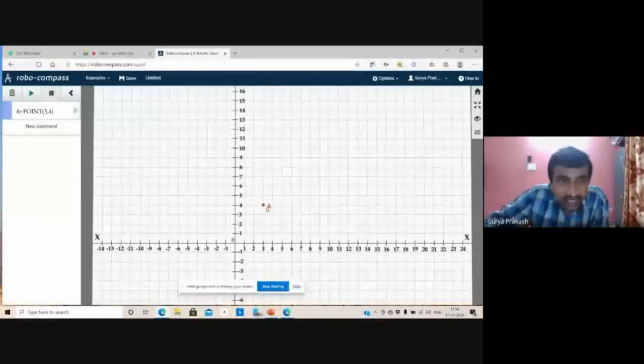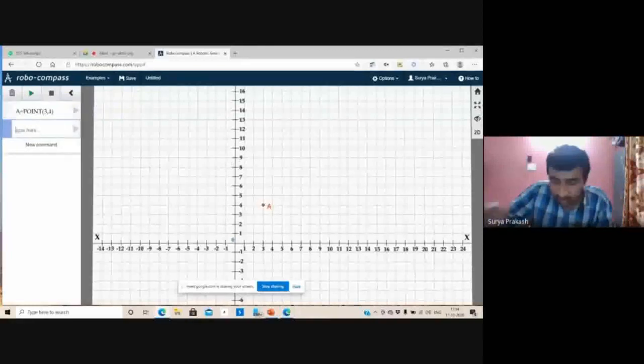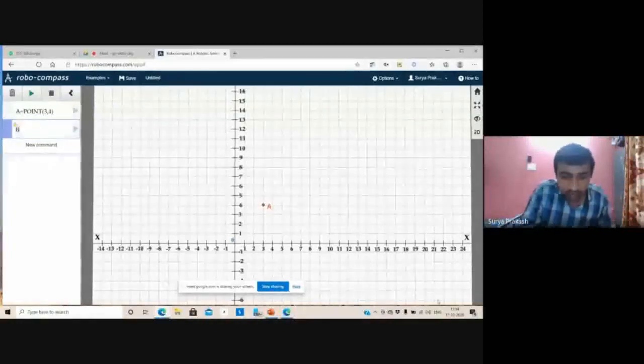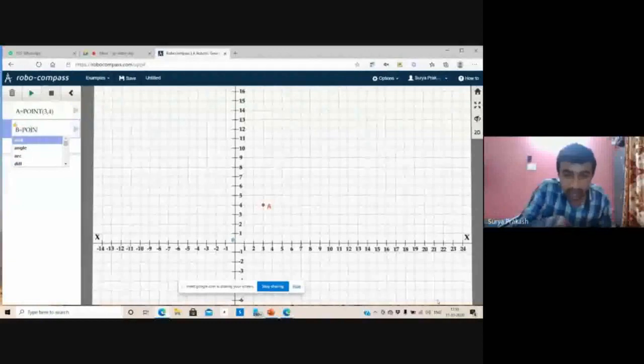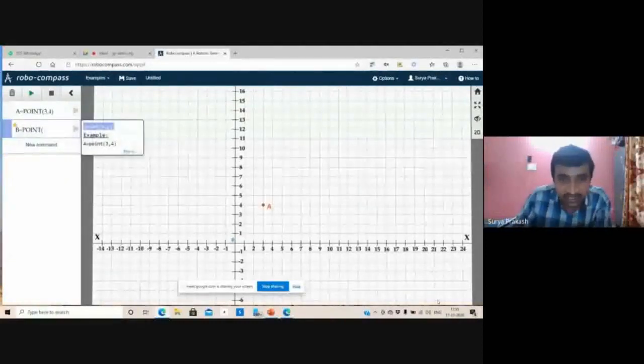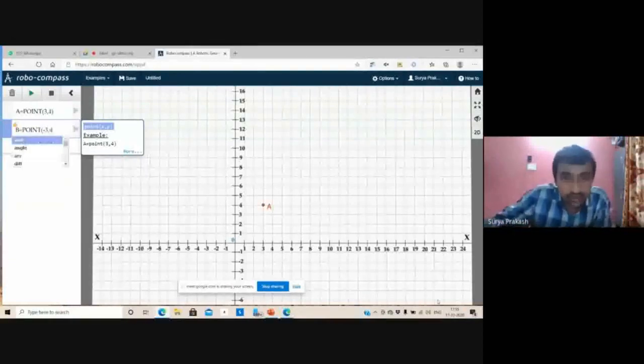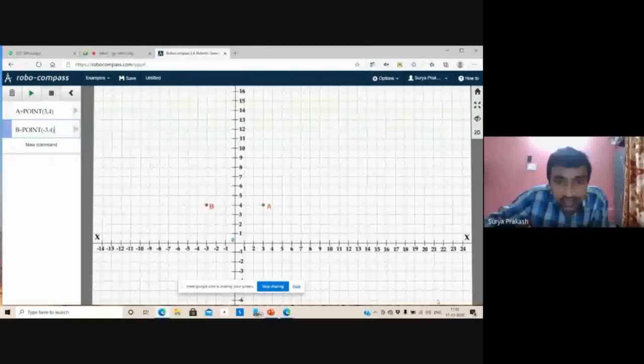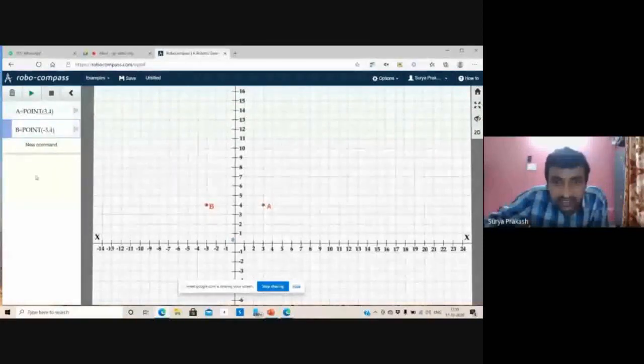Similarly, if I want to mark one more point, suppose B is equal to (-3, -3, 4), you can see another point on the graph sheet.